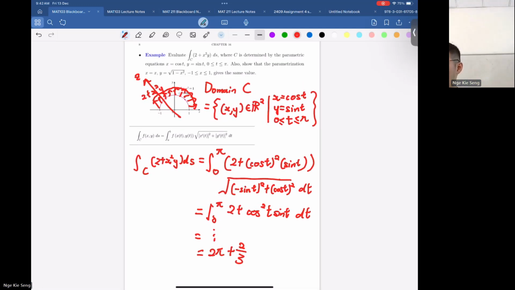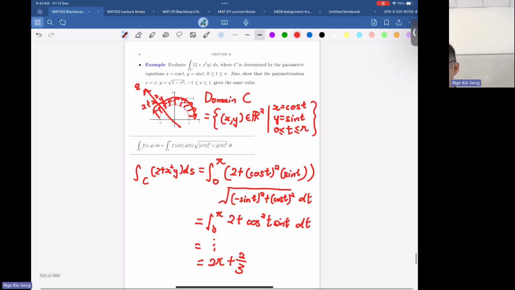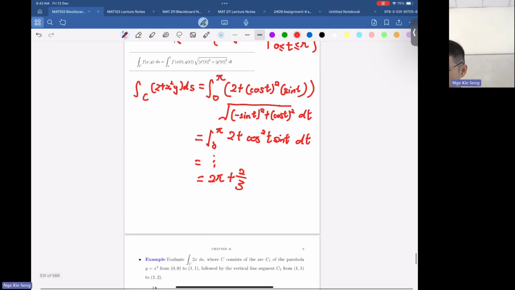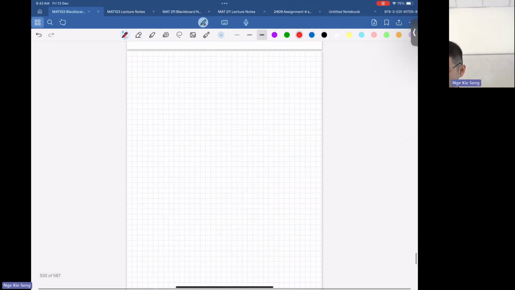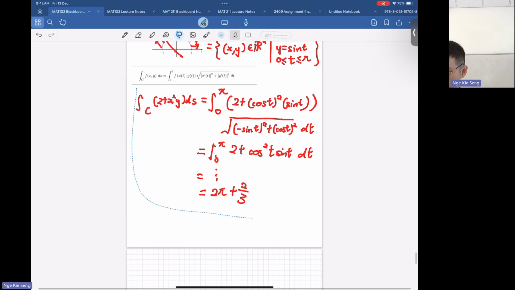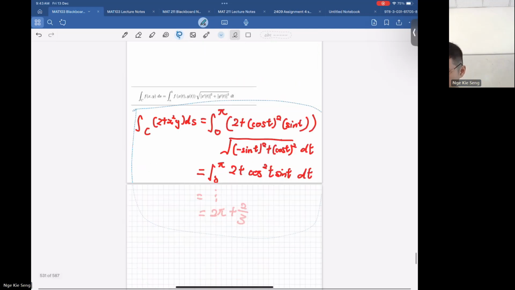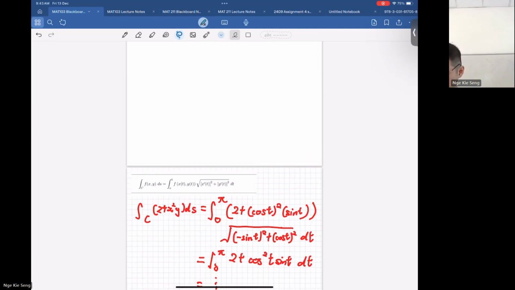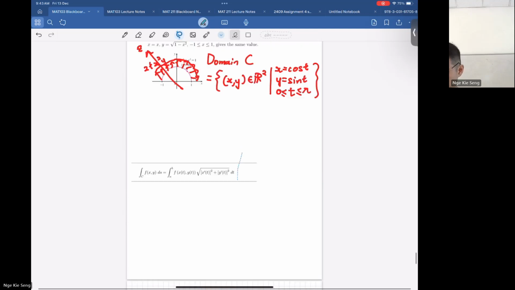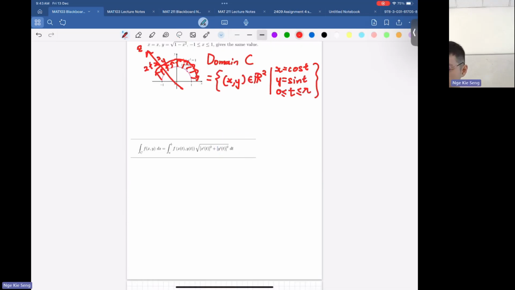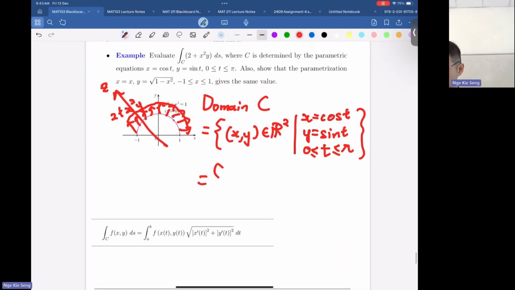All right, so let's try the other parameterization here. Let's move these down, and then here. So what's the other parameterization? This is given, but after you learn the parameterization chapter, you should be able to work it out yourself.